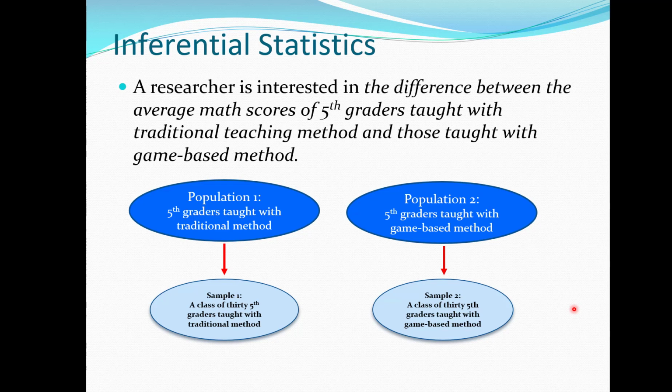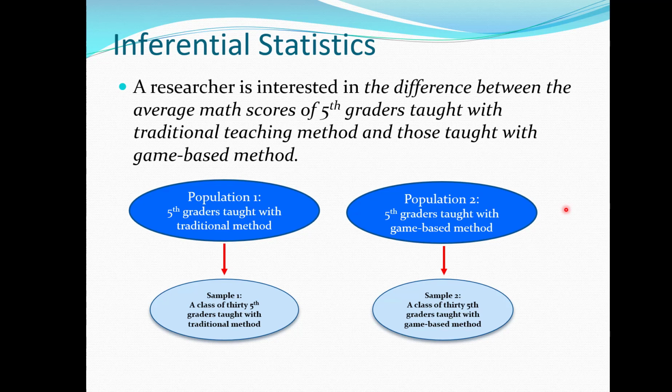So we can also say what the researcher is actually doing is using statistics known from sample 1 and sample 2 to draw a conclusion or to make inferences about unknown population parameters. If you understand what this research is doing, it will be easy for you to understand what is inferential statistics.